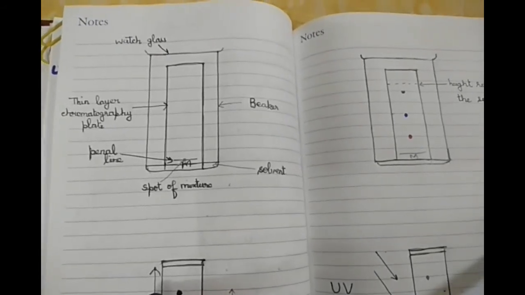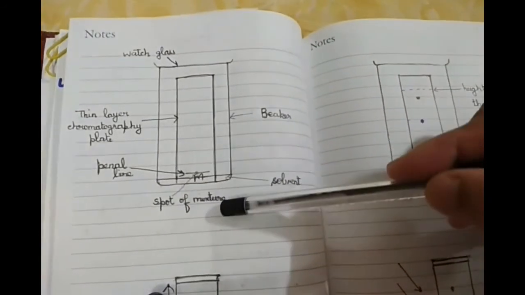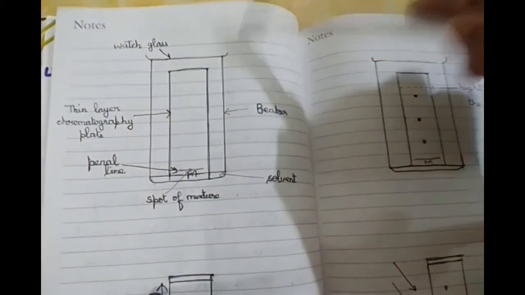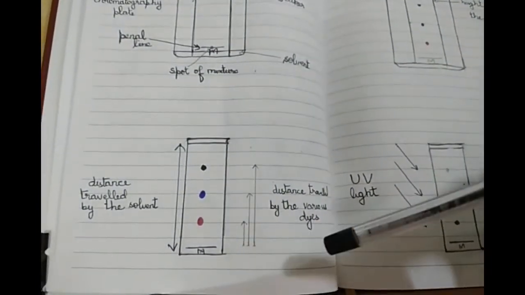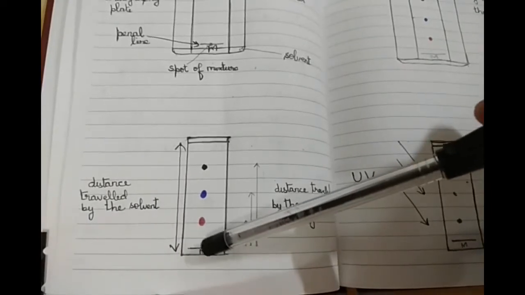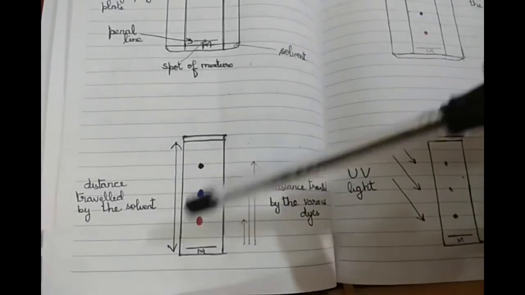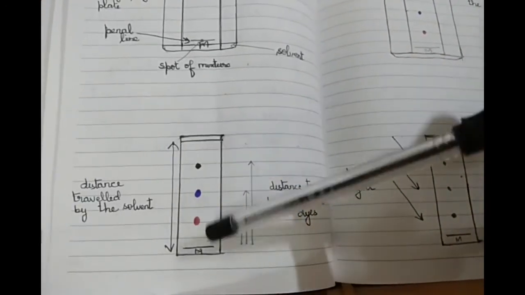This is the apparatus setup. Here we see that in the beaker is a thin layer chromatography plate. This is a spot where we apply the mixture. In the beaker we fill the solvent, and this is covered by the watch glass. Now in this we see how the various components of the mixture travel by different distances, and this is the distance traveled by the solvent.